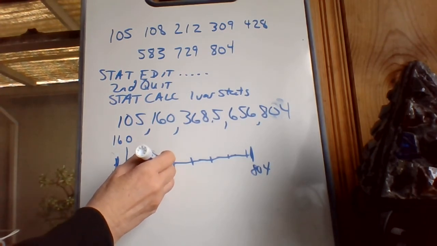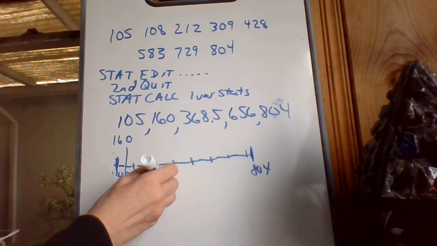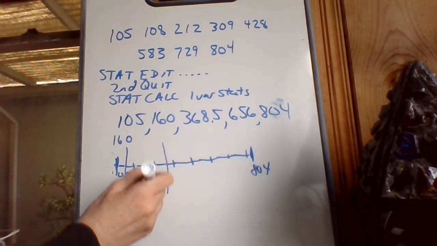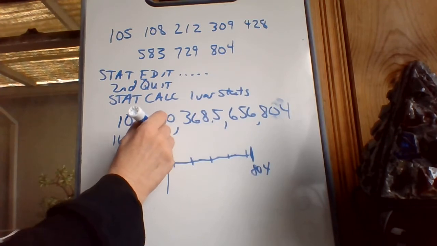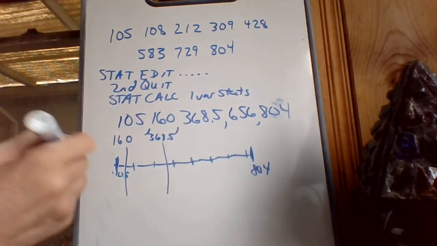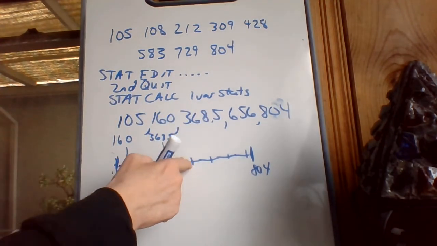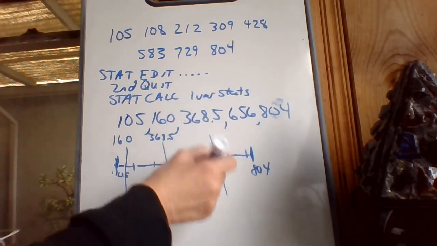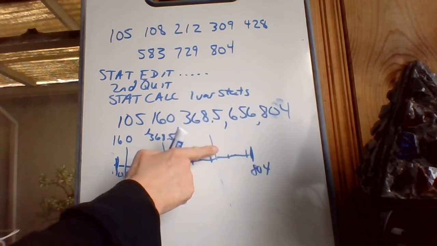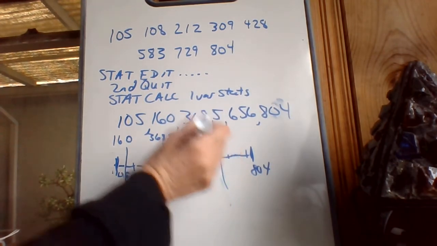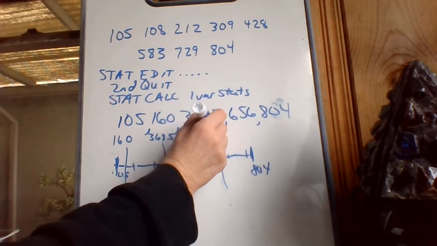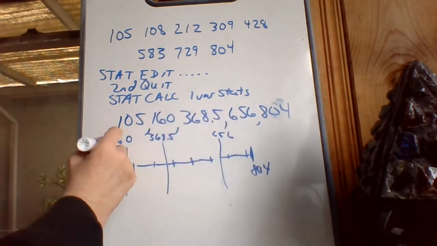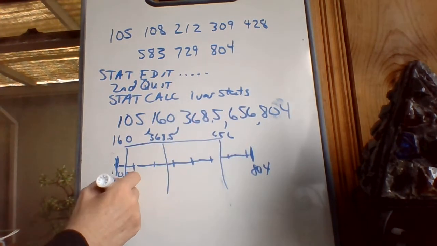So 368.5 is in here. And 656, so 400, 500, 600, 700, and, well, it's probably a little further over. 656 has got to be out here somewhere. And then I just connect those up.